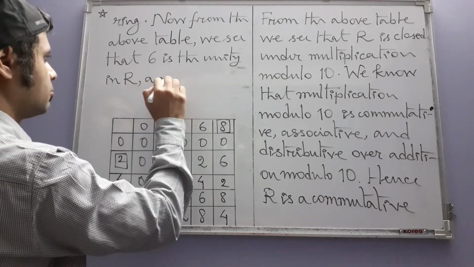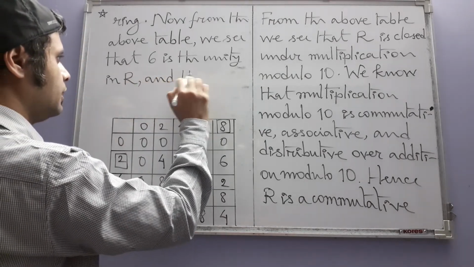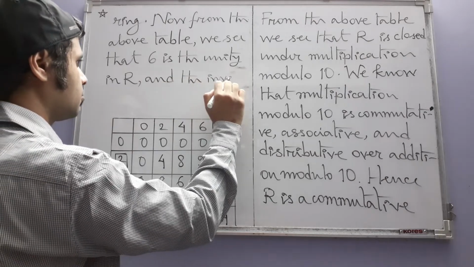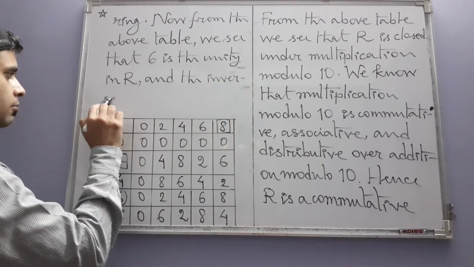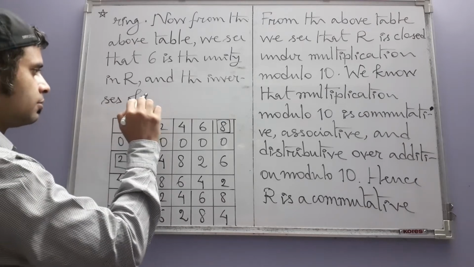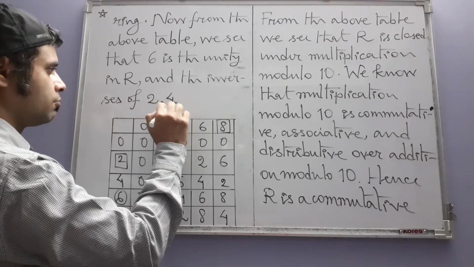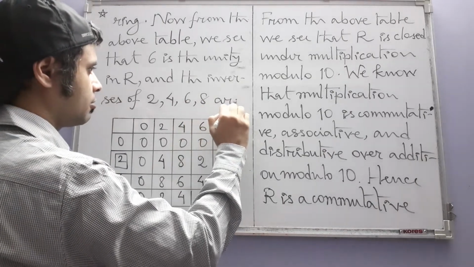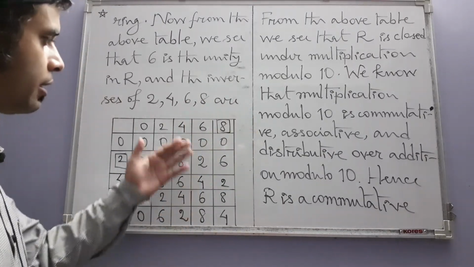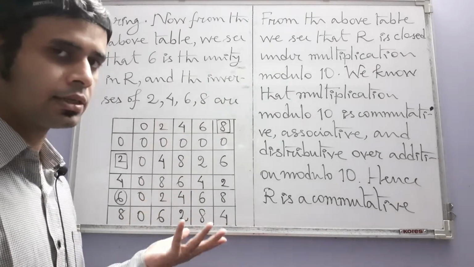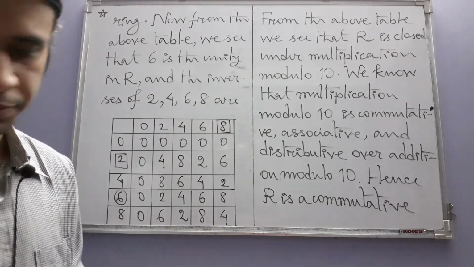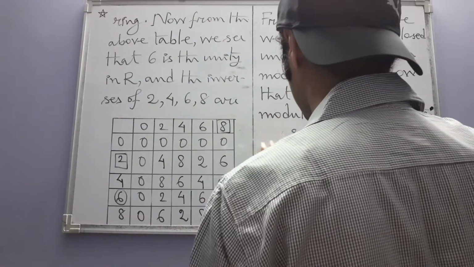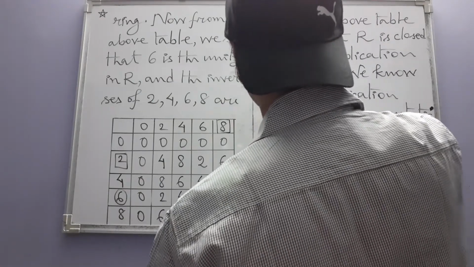And the inverses of 2, 4, 6 and 8, again mentioning that under multiplication mod 10 because that's the operation we now have. The addition modulo 10 part is over.